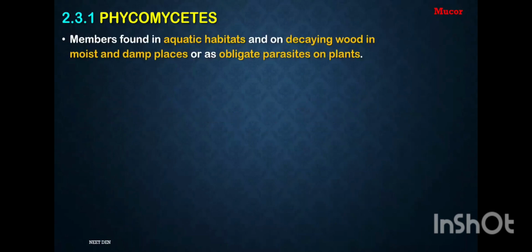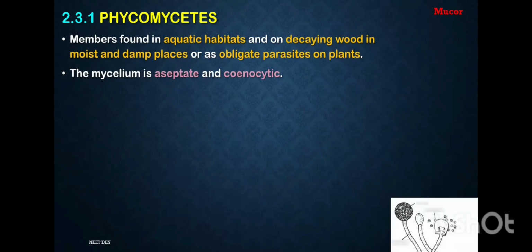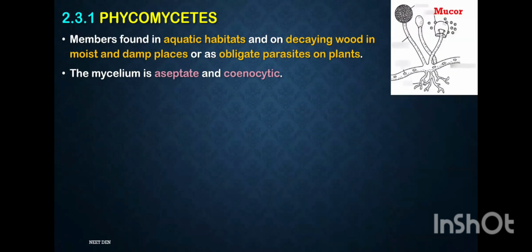These are either aquatic or present on decaying wood in moist and damp places. So they may be saprophytes. At the same time, they may also be obligate parasites on plants. The mycelium, the hyphae, are aseptate and coenocytic.